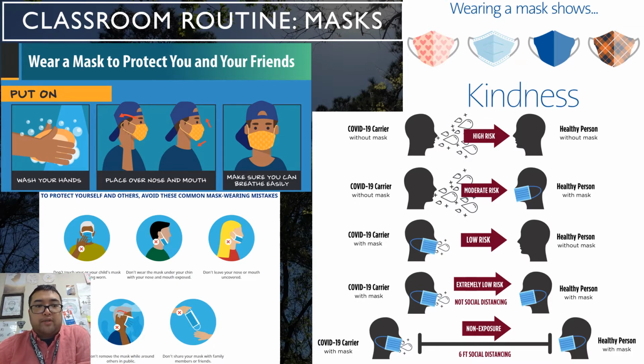So the proper way to wear a mask is to place it over your nose and mouth. Wearing it hanging on your chin or not covering your nose doesn't help anyone. We have an image here just to demonstrate the amount of risk with wearing a mask or not wearing a mask.